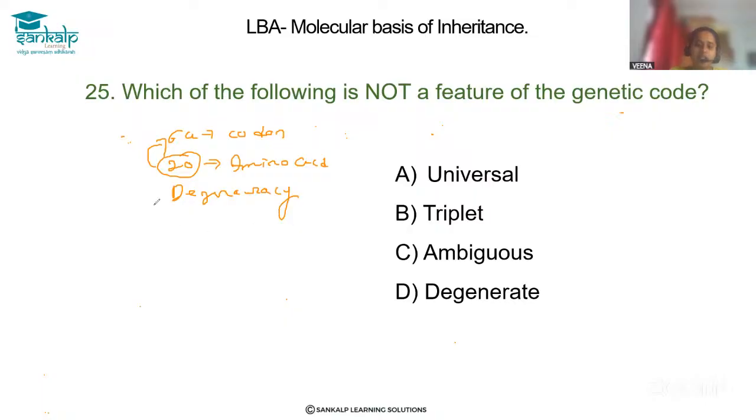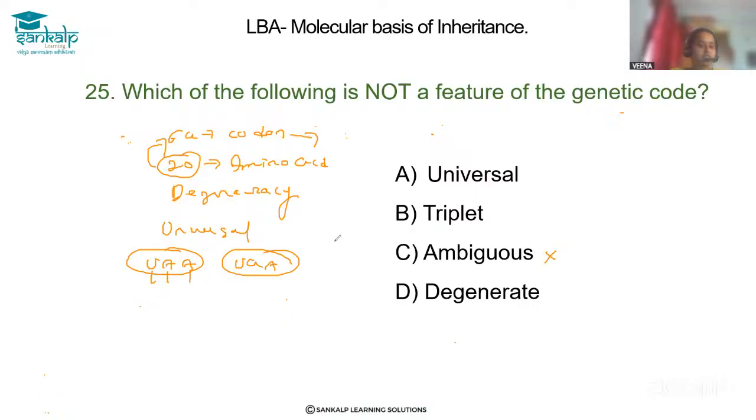This is also universal, because the codon is the same all over the world. That's why it is called universal. And codons are always triplet in nature, that means they contain three nucleotides. And one more option given is ambiguous. Is that true?